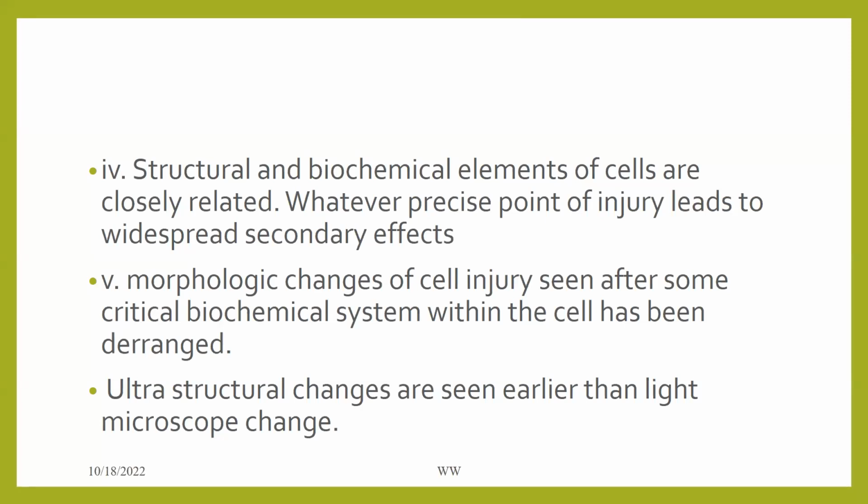Biochemical systems are thought to be disturbed earlier than the morphological structural changes, and that happens when there's quite critical biochemical disturbance for the structural disruption to also be displayed. So it is possible to demonstrate a biochemical change.